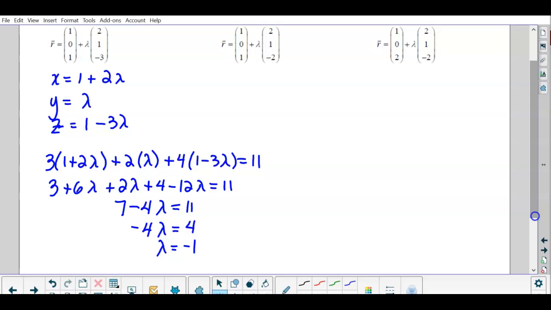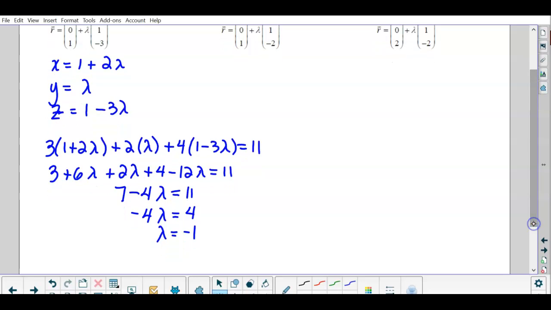So we do get one value of lambda, which means there's 1 point of intersection, and now we substitute it back in to actually find that point of intersection. So 1 plus 2 times negative 1. So 1 minus 2 is negative 1.